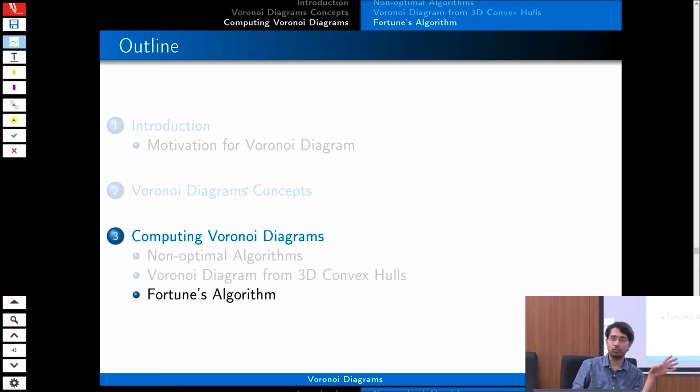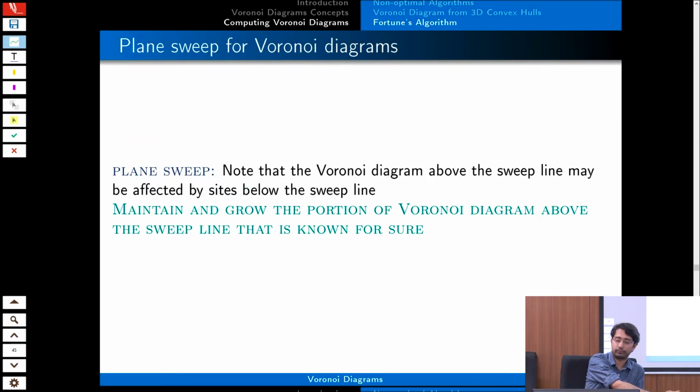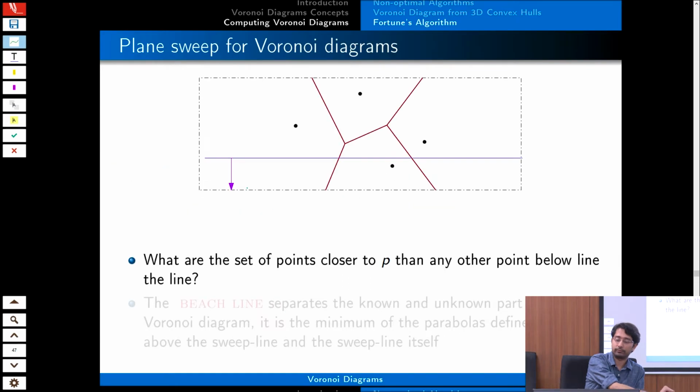Forget about the name Fortune, what we are trying to do is a sweep line method. I have taken two classes on sweep line, so please let me know how to proceed. I have n site points, I will sweep a line, and I would like to create a Voronoi diagram for the site points.